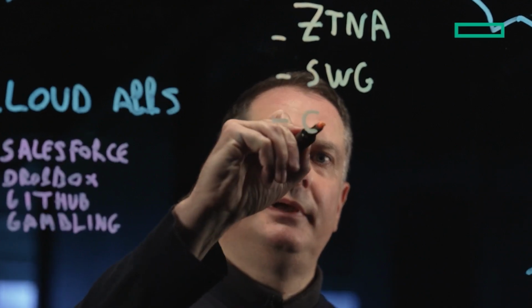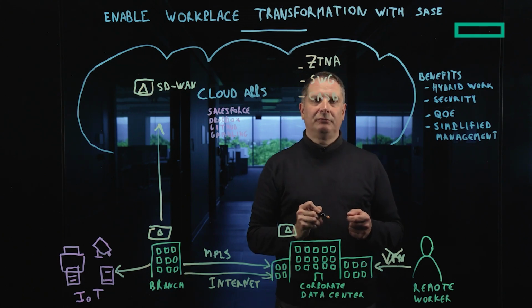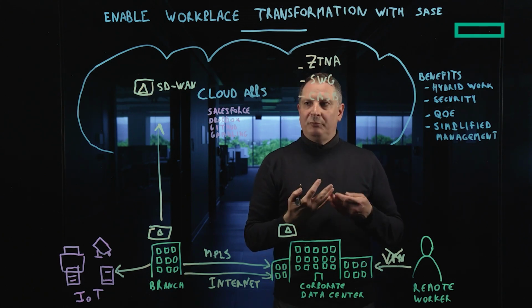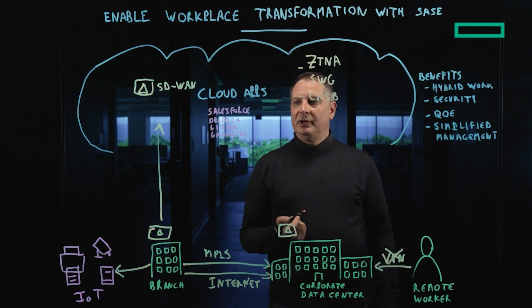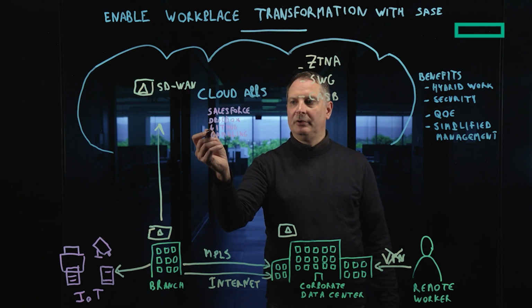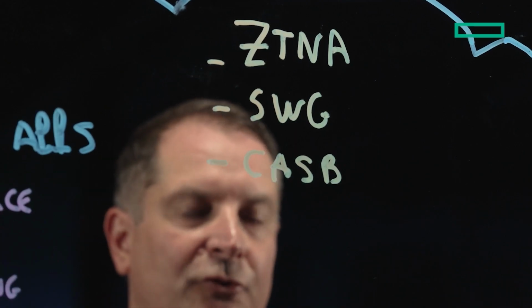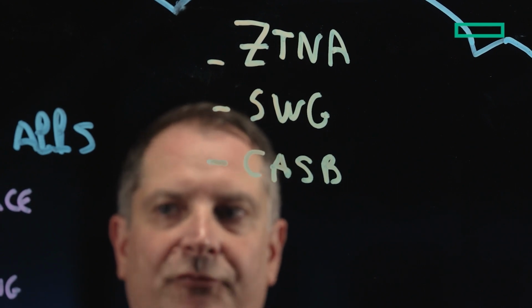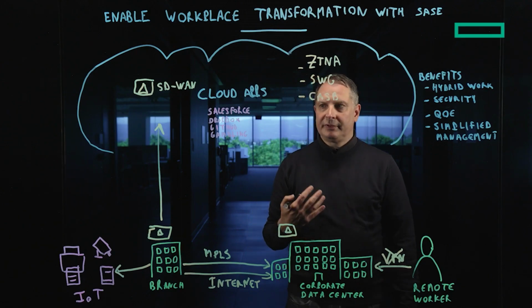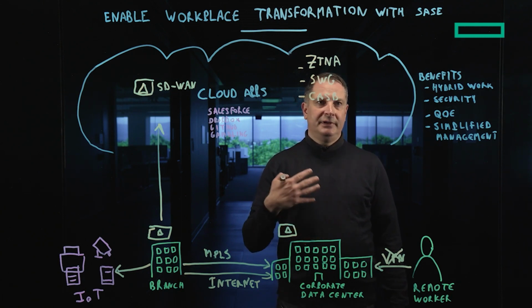Next step will be CASB, for Cloud Access Security Broker. The problem with the cloud is that you put sensitive data in cloud applications such as, for example, software code in GitHub, some sensitive data in Dropbox, so that you need to control data flows. So CASB will inspect and identify sensitive data in the cloud.